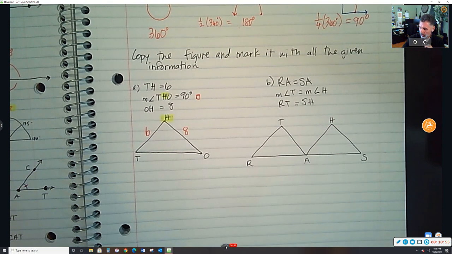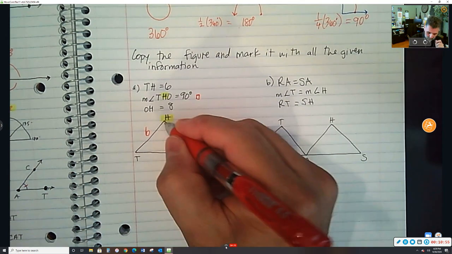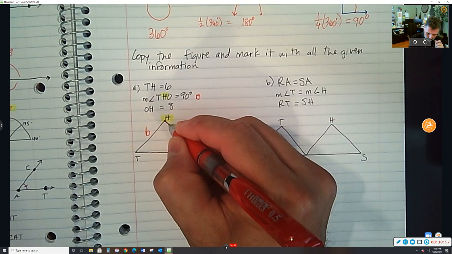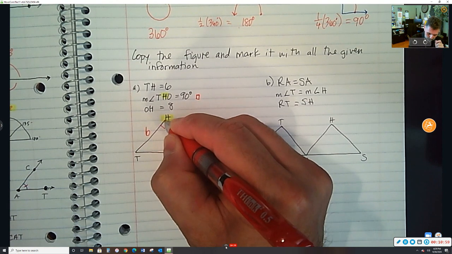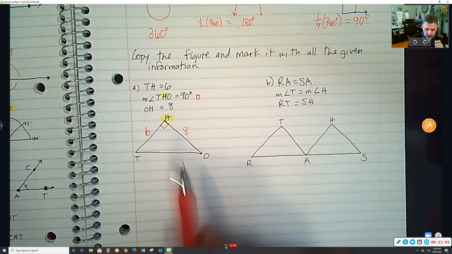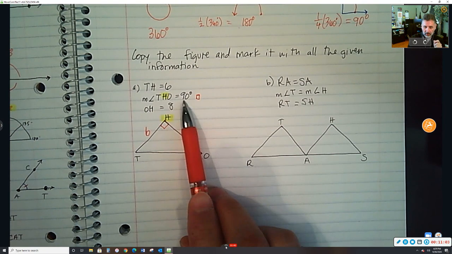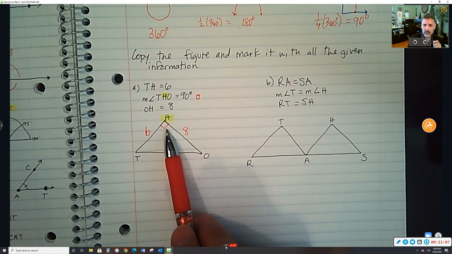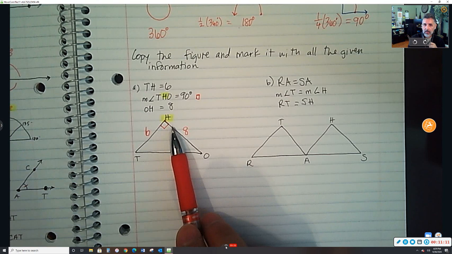THO. So wherever the vertex is, or wherever the angle is, we put a square. And again, the square tells me it's 90 degrees. So whenever you see this on an angle or a triangle, think 90 degrees. Okay?